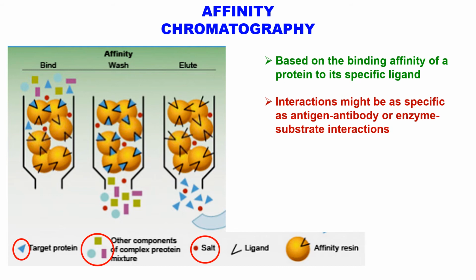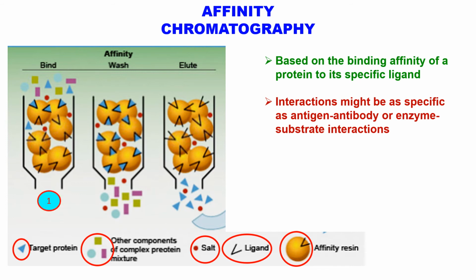The greater-than and smaller-than sign indicates the ligand, and this is the affinity resin, or the beads or the matrix, which constitutes the stationary phase of the affinity column.